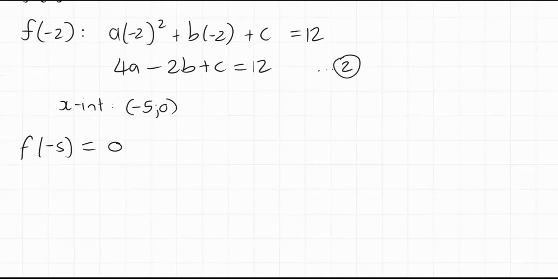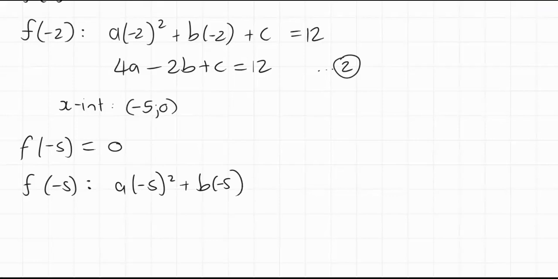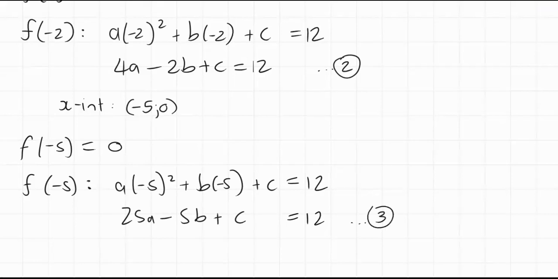So let's quickly do it out. f of negative 5: a times negative 5 squared plus b times negative 5 plus c equals 0. Negative 5 squared is 25, so it's 25a minus 5b plus c is equal to 0. Let's call that equation number 3.